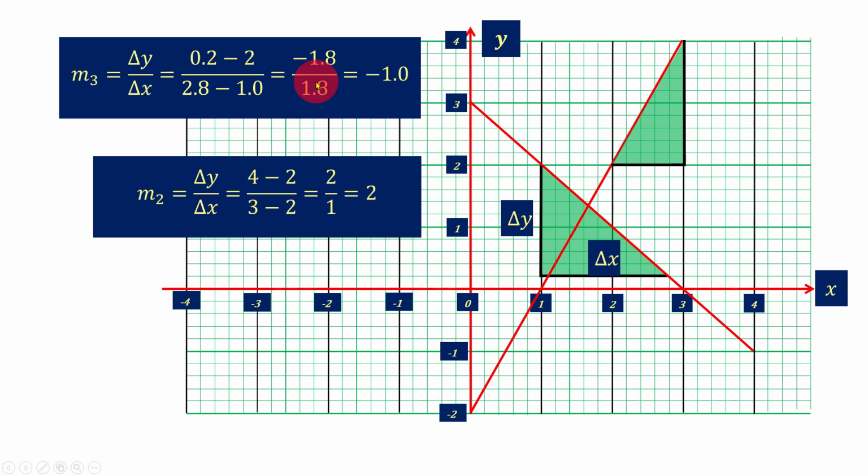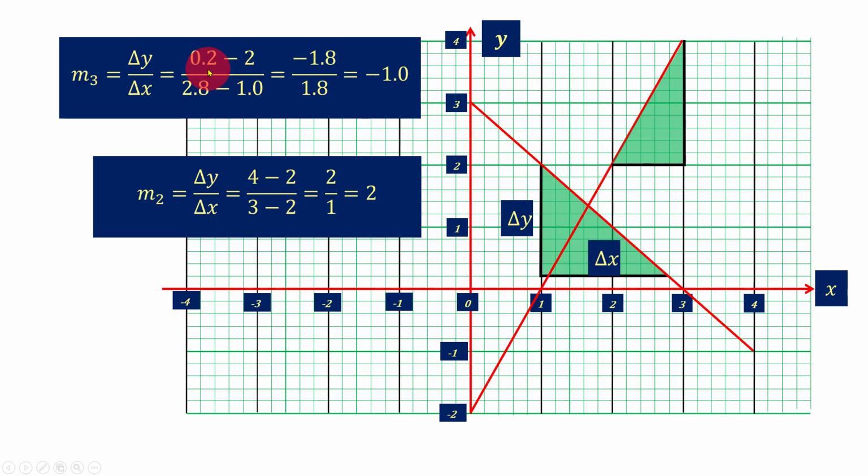So when you do that, you'll find that the negative sign comes in automatically. And do not exchange these values. Some students think that since this one is 2.8 minus 1.0, then this one should be 2 minus 0.2. Do not exchange. If you have decided that this is your x1, y1, then this one is your x2, y2, then this should be y2 minus y1 divided by x2 minus x1.